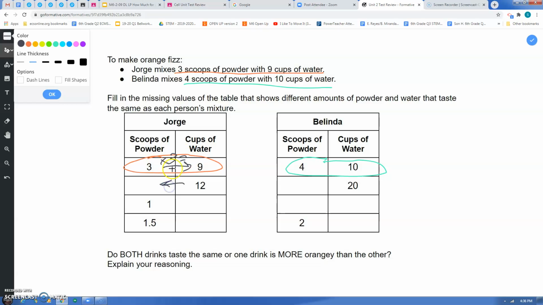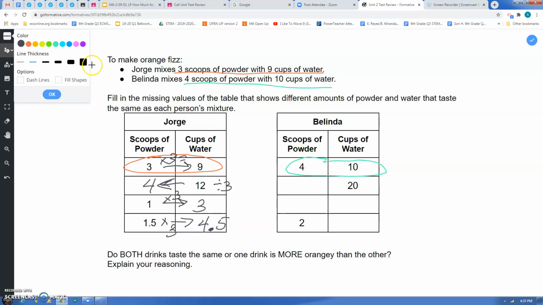So if you multiply going left to right, then if you go reverse, you divide by 3. Going left to right is multiply by 3. Same thing, multiply by 3. So 1.5 times 3 is 4.5.